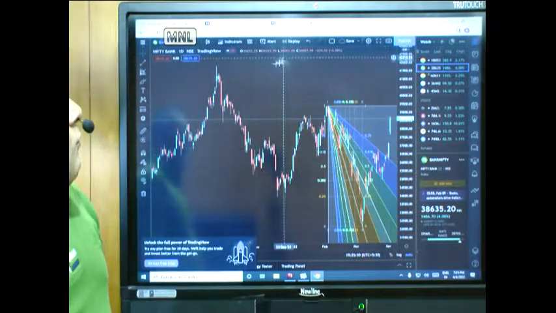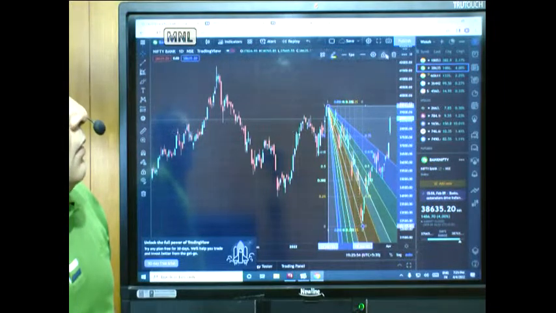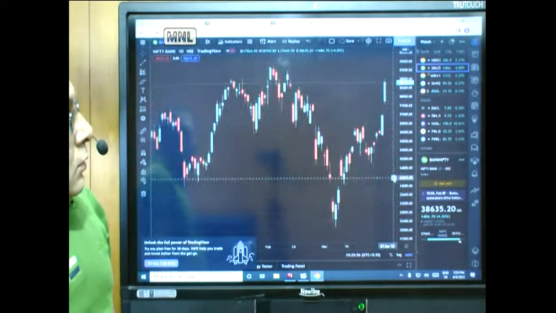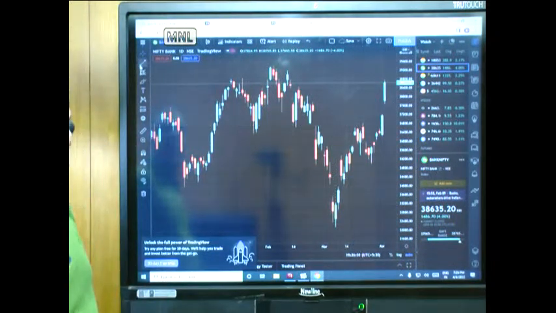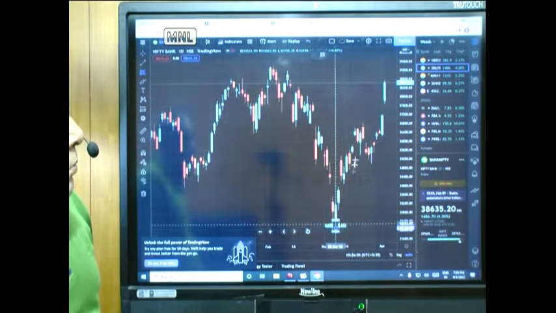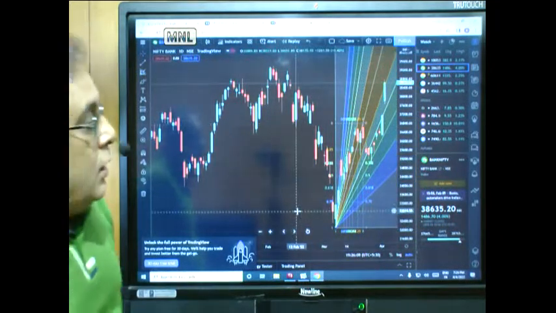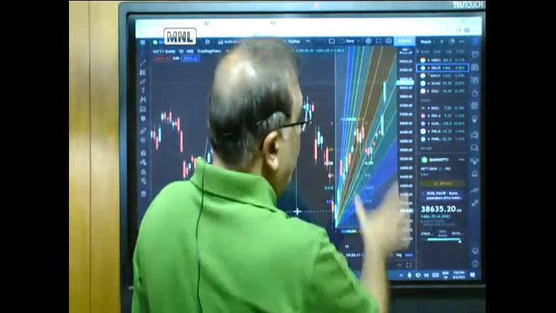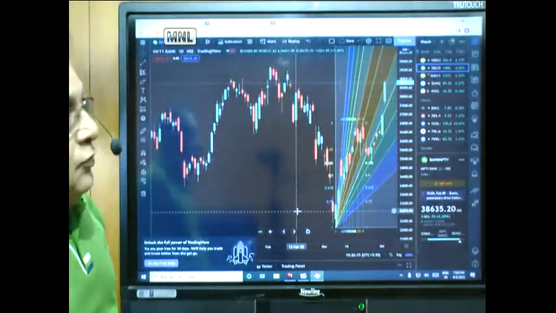So now we will look at this from this price level to this price level. See here, it took support at the 0.382, approximately 0.382 levels is where the support came.